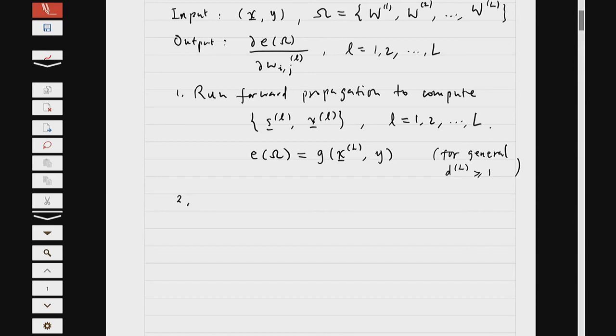Then in the second step, we calculate the delta for the last layer. I'm just repeating what we have seen already, just summarizing them in this pseudocode form.